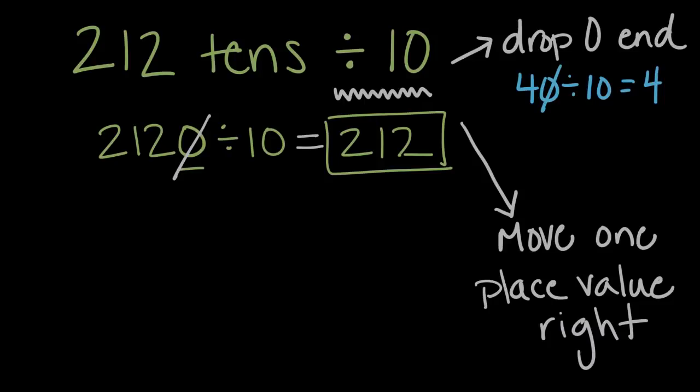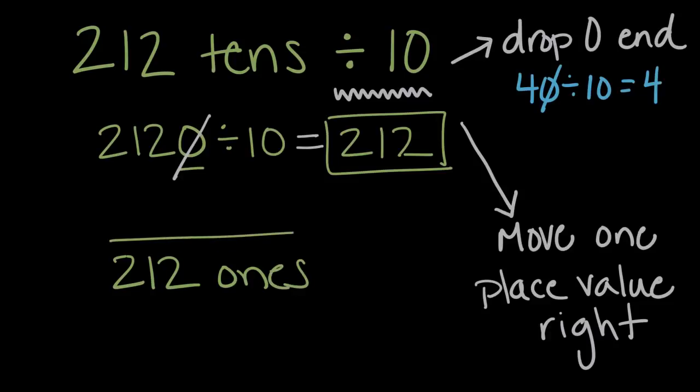If we have 212 tens divided by 10, we want to move this tens one place value to the right, or smaller, which is ones. So our solution would be 212 ones, which is equal to what we already saw, simply 212.